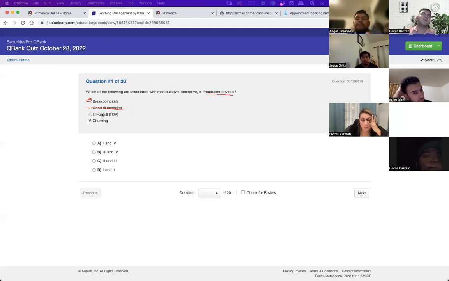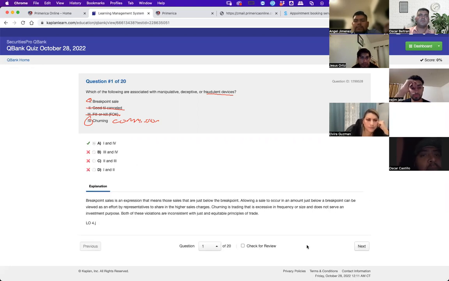And then fill or kill, that's good. And churning is pretty much commission. You're selling for commissions, which is bad. So it should be between 1 and 4. You guys agree? Yes, it is unit 4. Moving on in the book.